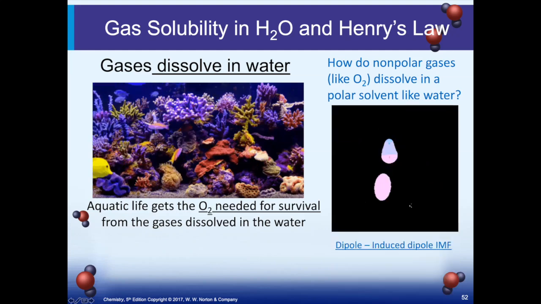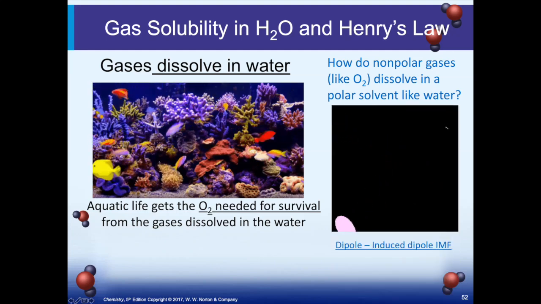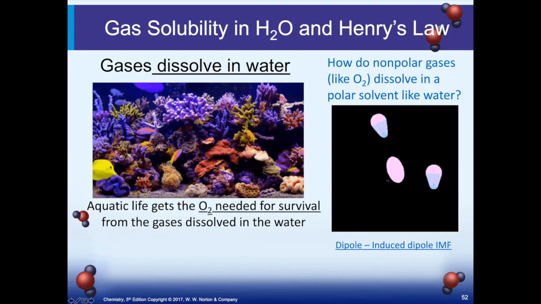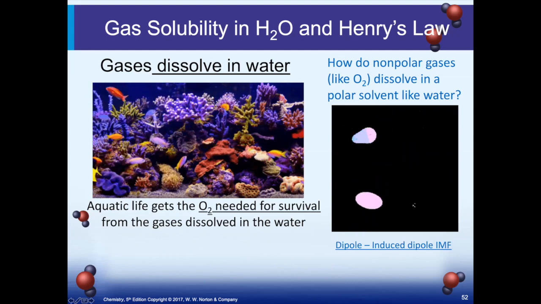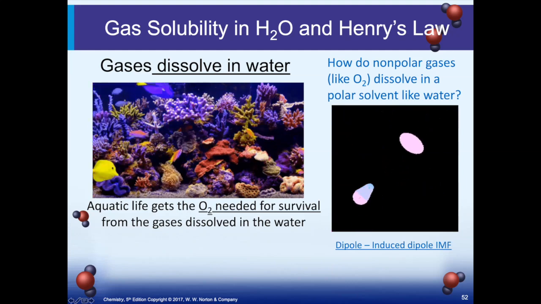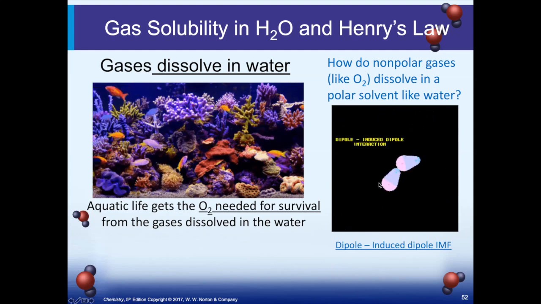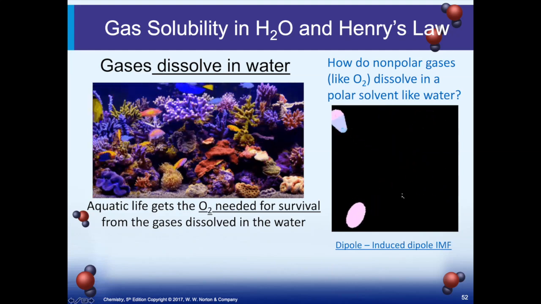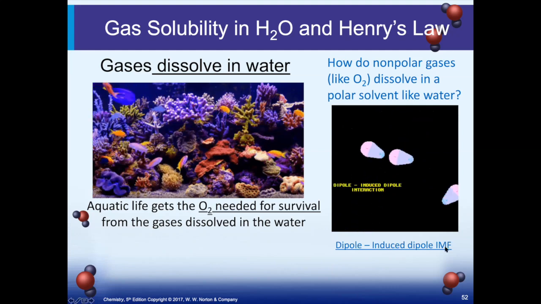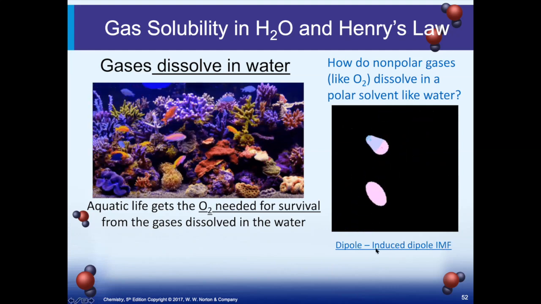Remember this? So here comes our nonpolar oxygen molecule, but then a water molecule comes along, which is polar, and induces in a temporary way a dipole in the oxygen. So the water molecule comes along and induces a dipole, and that's what allows the oxygen to become slightly soluble in water. It's that induced dipole intermolecular force at work.